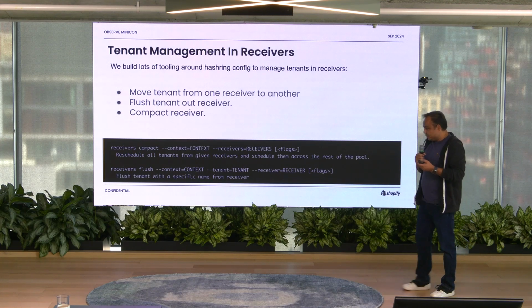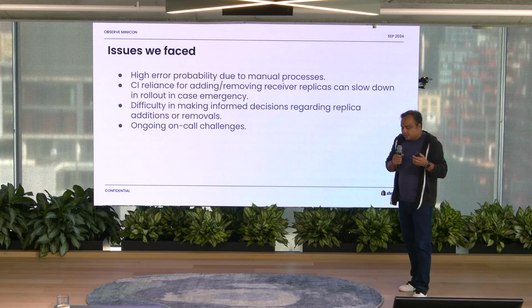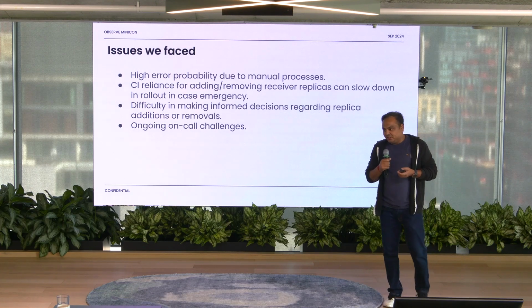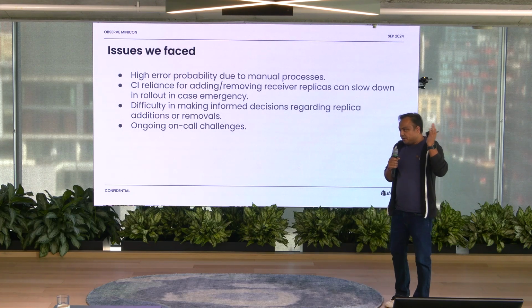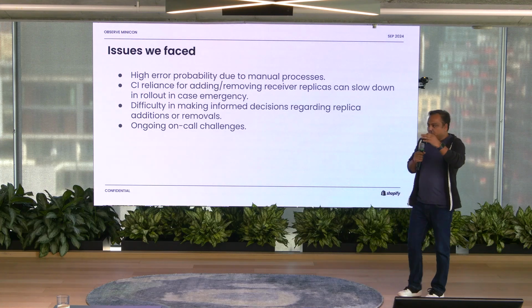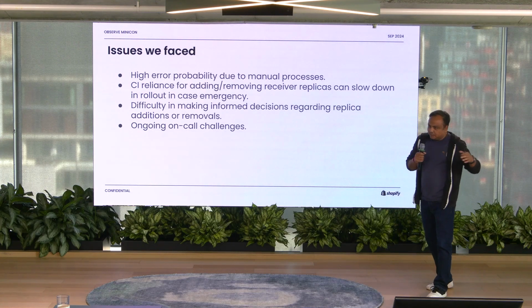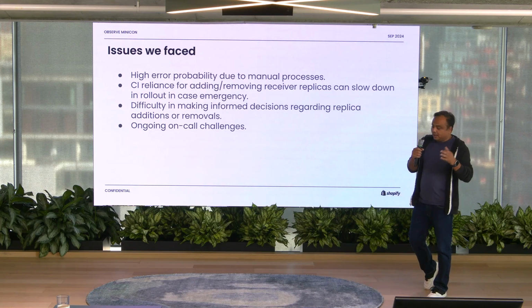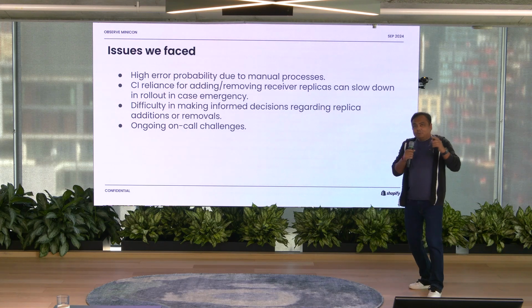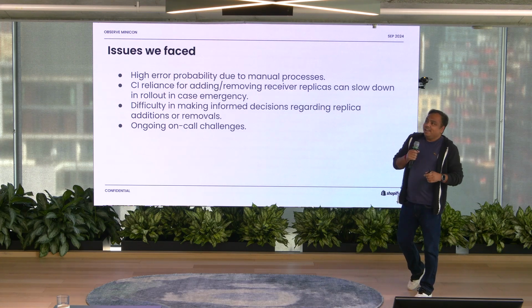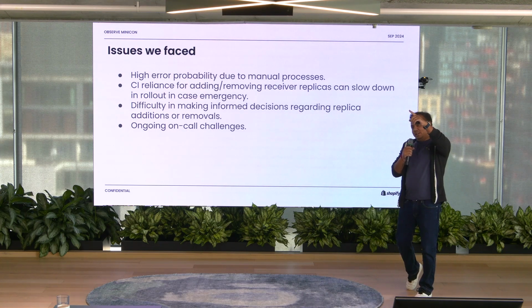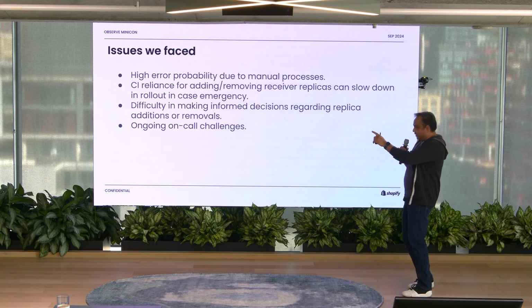But imagine, in the middle of the night, I get an on-call page: hey, there is a receiver in US East going out of memory. So I'm going to wake up, go downstairs, open the computer in bright light, and check the dashboard. Hey, receiver 16 is going up there. I will check the tenants on it.